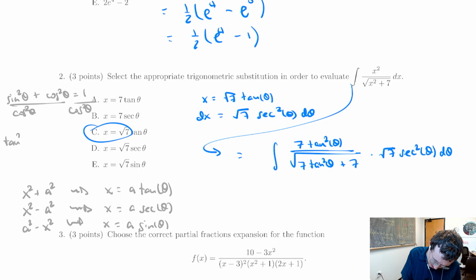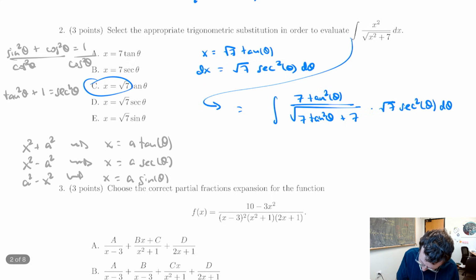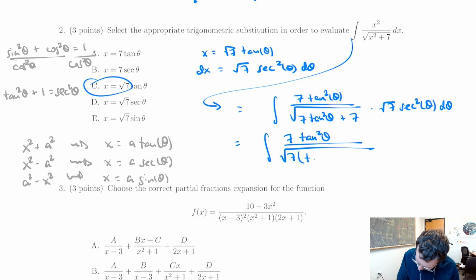This gives me tangent squared theta plus, and then cosine squared theta over cosine squared theta is 1, and the reciprocal of cosine squared theta is secant squared theta. So that's going to help us out here. Inside the square root, I can factor out a 7, which leaves me with tangent squared theta plus 1.